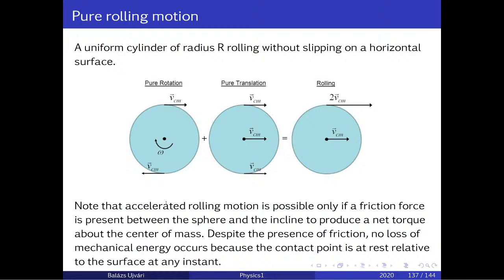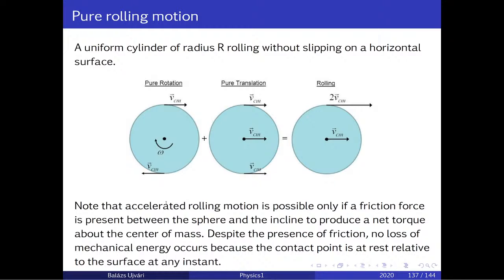So pure rolling is the normal rolling of a bicycle wheel or the wheel of a car, and if you take a ball and push it on the table with not that high speed, it will do pure rolling. So pure rolling is nothing else, just V equals R times omega.